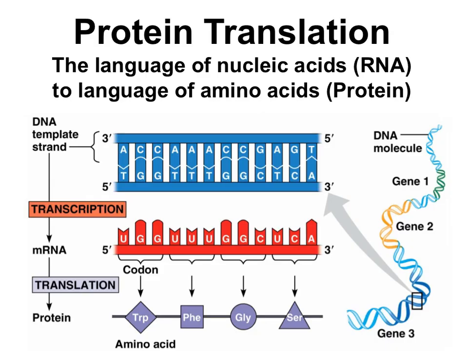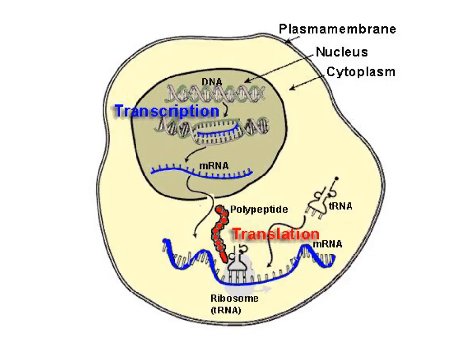The focus of this video is translation. The reason this process is called translation is because there's a translation in the language of RNA sequence compared to the language that's in protein sequence. The language of RNA is nucleotides, and in translation, nucleotides are translated into amino acids, the language of proteins.